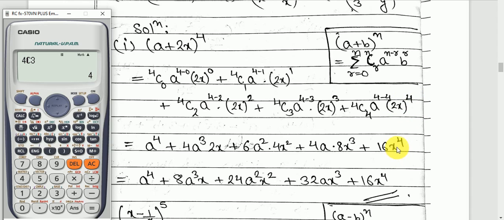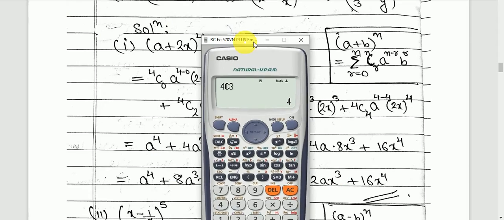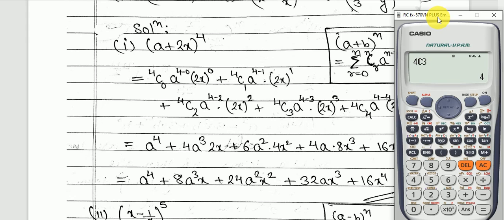Done. Then just simplify it, and you get a to the power 4 plus 8a cube x plus 24, and you have to write in sequence only, you don't have to interchange here and there. So this is the expansion of a plus 2x to the power 4.